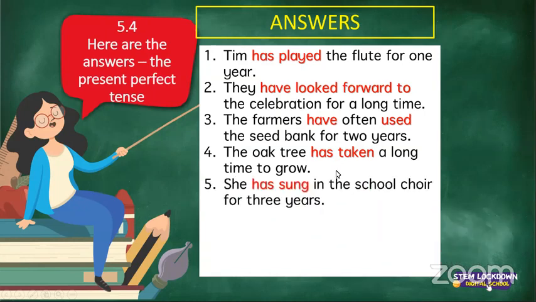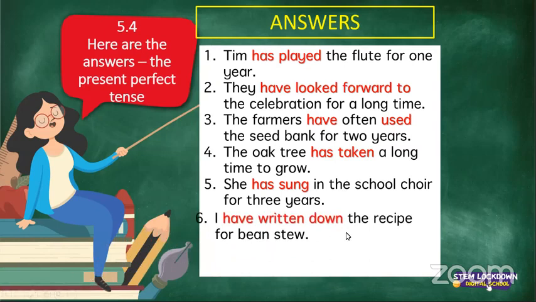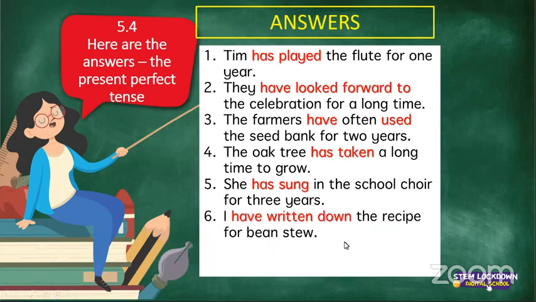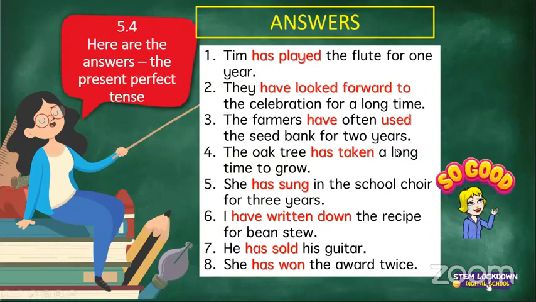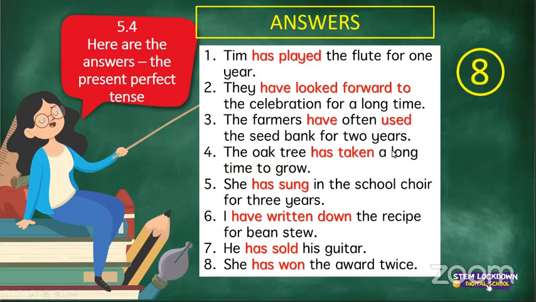Number 5, she has sung. Number 6, I have written down. Number 7, he has sold his guitar. And number 8, she has won the award twice. So that one is worth 8 marks.